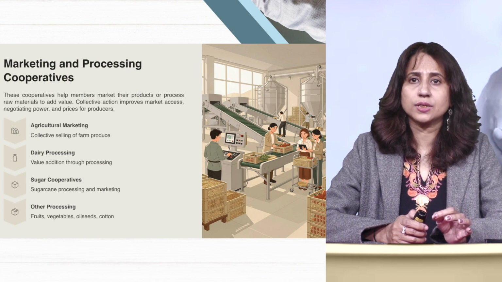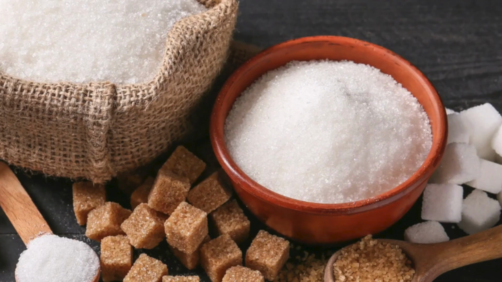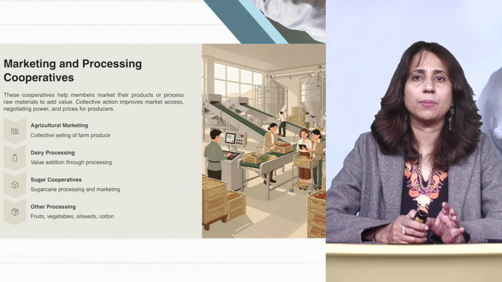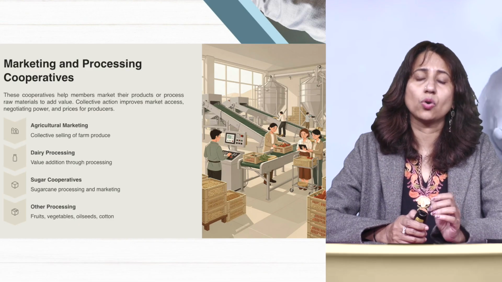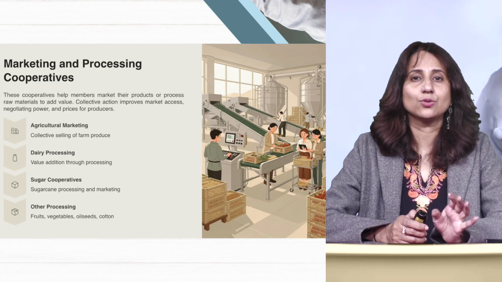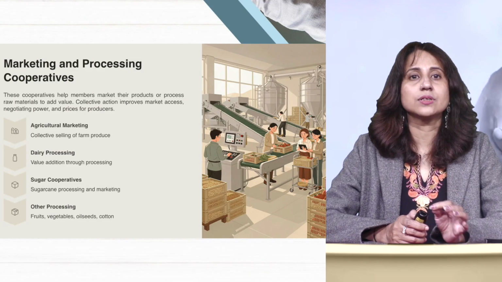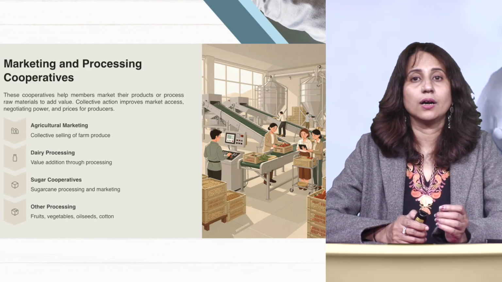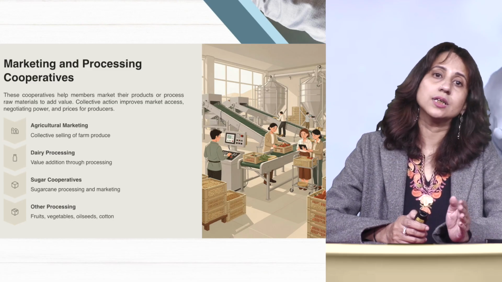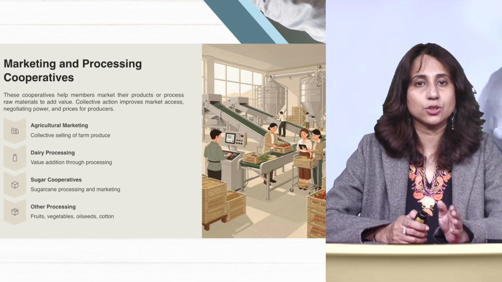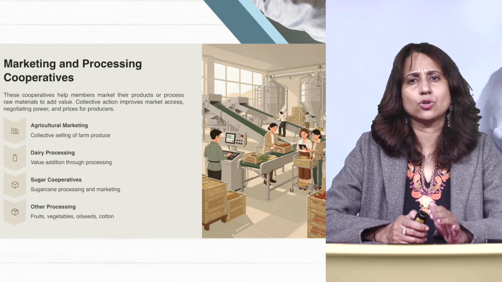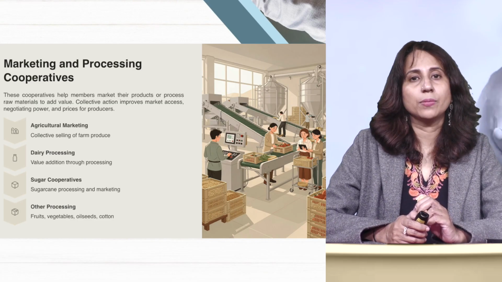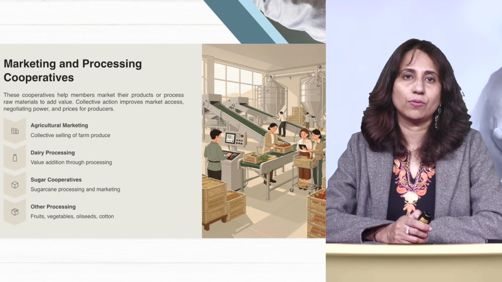The factory processes the members' sugarcane into sugar, molasses and byproducts, and members supply sugarcane to their cooperative factory rather than selling to private mills. The farmers receive payment in installments and advance when they deliver cane, and the final payment after the season ends and sugar is sold. This final price depends on sugar recovery rates and market prices, directly linking farmer returns to factory performance.